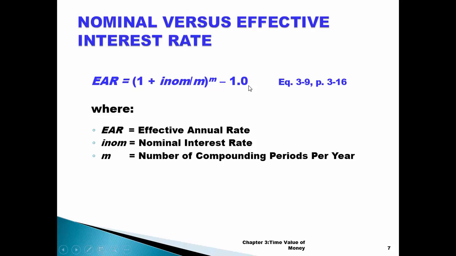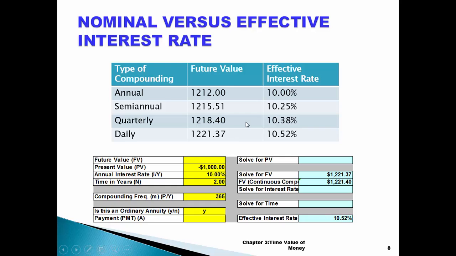Through this calculation here, we calculate what's referred to as the effective annual interest rate. So this is an annualized time value of money calculation of the earnings on an investment where we have more than one compounding period per year. So here we have the different effective interest rates.